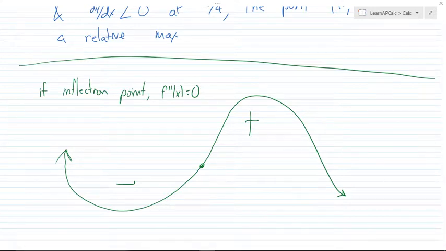That would be similar to the mean value theorem. But there's another way to think about it: if the second derivative is 0, we have no concavity. And so that should make sense as an inflection point.